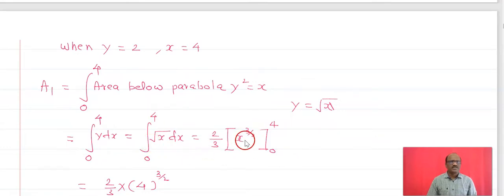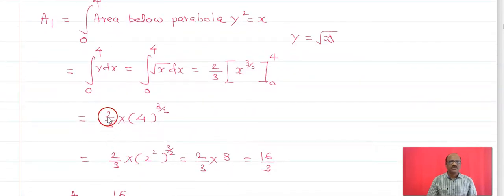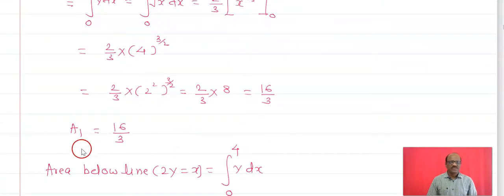Its integral is x raised to 3 by 2 upon 3 by 2, that is 2 by 3, 0 to 4. Replace x by 4. This is 2 by 3, 4 raised to 3 by 2. What is the value? 4 means 2 raised to 2, bracket raised to 3 by 2. This 2 gets cancelled and you will get 2 raised to 3, which means 8. And this is 2 by 3 into 8, that is 16 upon 3. Therefore, A1 is equal to 16 upon 3.